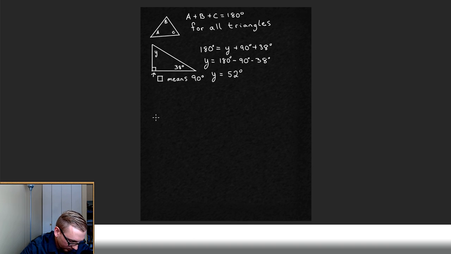We'll do the isosceles. Okay. So we've got this triangle, and it's not a right triangle. This is 48 degrees.